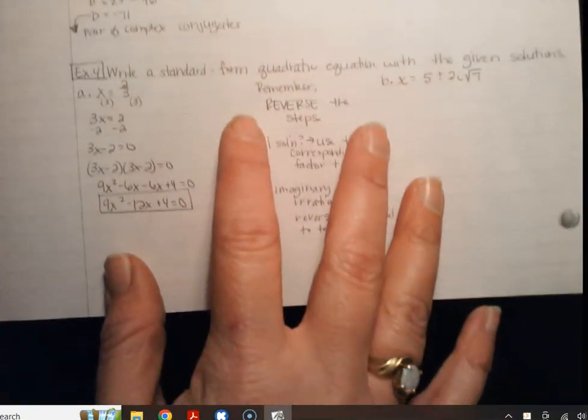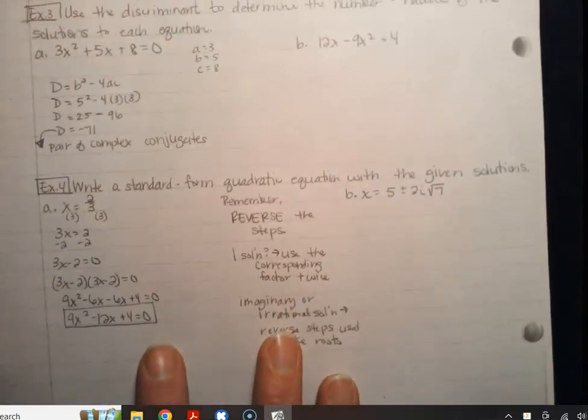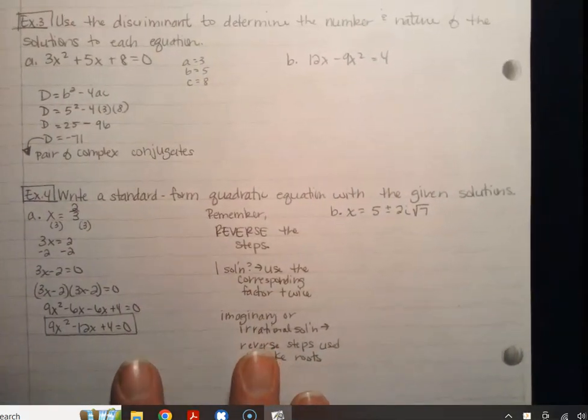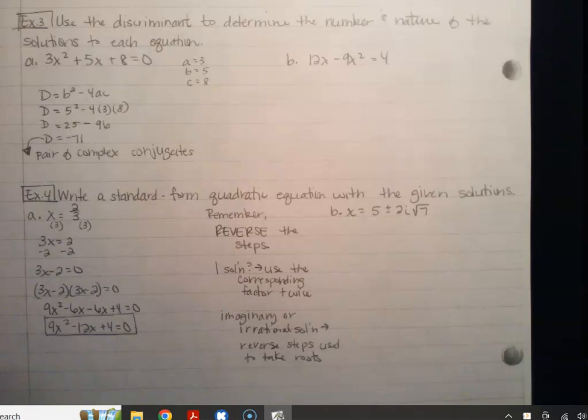Example 3 then says use the discriminant to determine the number and nature of the solutions to each equation. So we're not actually solving, we're just using that discriminant. For A, I did it for us. We've got 3x squared plus 5x plus 8 equals 0. I highlighted my A is 3, my B is 5, my C is 8.